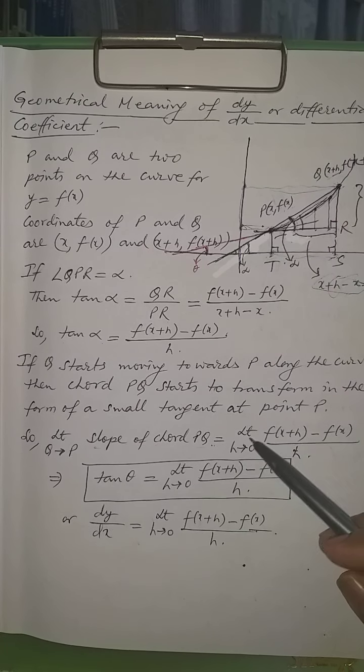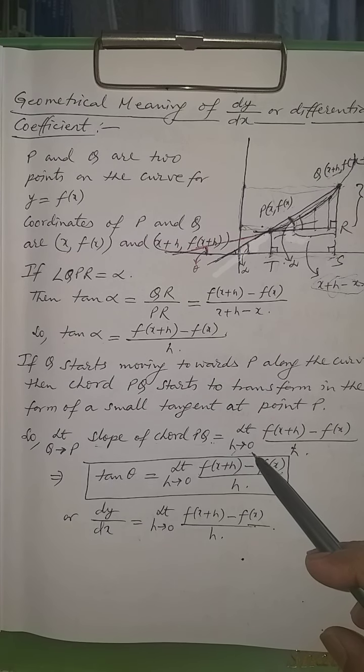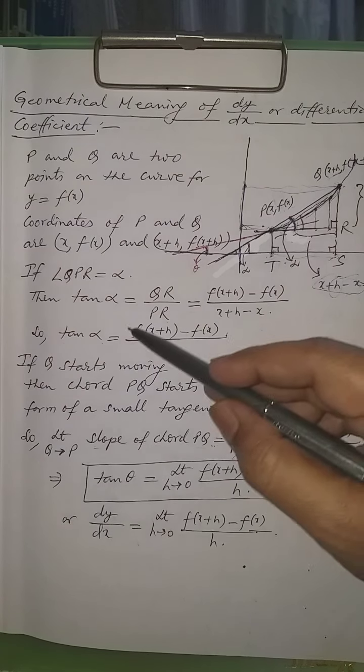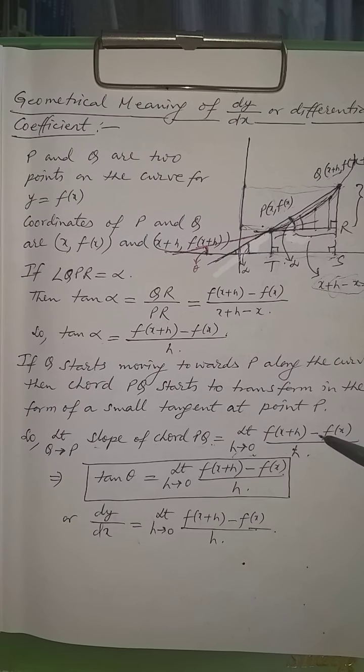That is why I have written limit h tends to 0, and the remaining thing remains as it is, f(x plus h) minus f(x) whole divided by h.